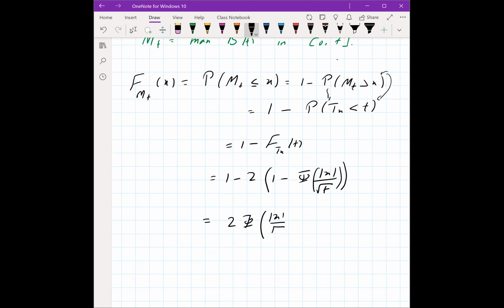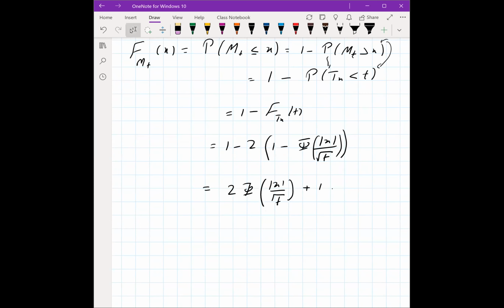And that becomes x over root t plus 1. And since we are looking at the maximum, I can remove the mode.